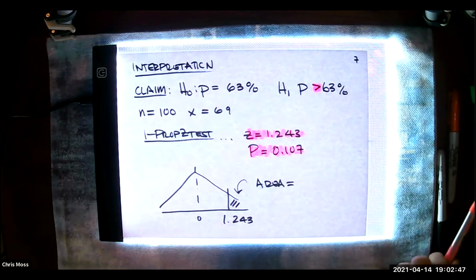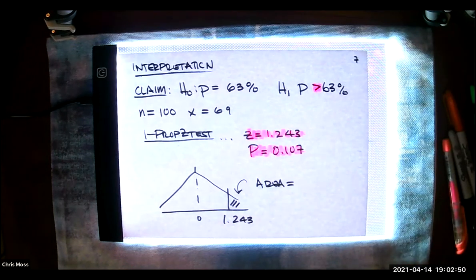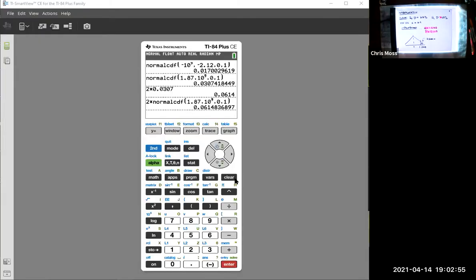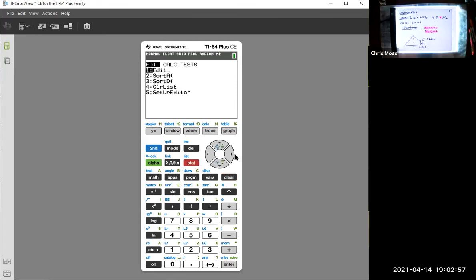In fact, if I come over to my calculator, let me do this one last time. Let me share the calculator. If I go over to stat and to test, then I find my one-prop z-test. The null hypothesis was p equals 0.63, 63%. We had a value of 69 for x and 100 for n.